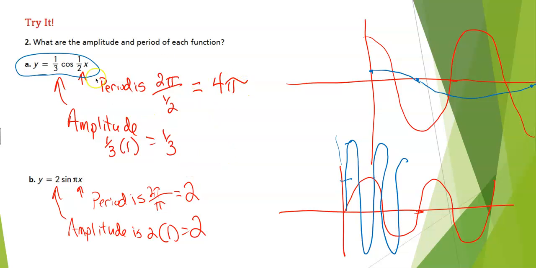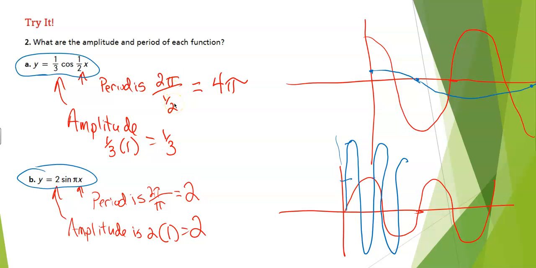What I did over here was I graphed the parent function cosine in the red, and I graphed the new one that I did the changes to in the blue. So this is a really rough graph. But you can see that when I multiply the x by 1/2, that means I take the original period, which was 2 pi, and I divide it by 1/2.